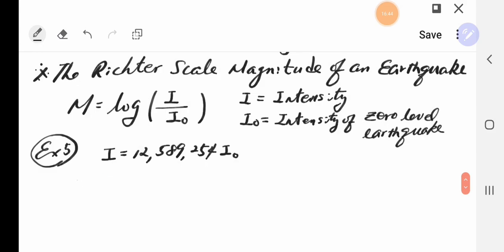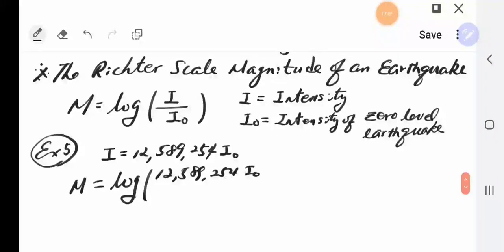So based on the formula, the magnitude is logarithm of I over I0. So I is given, 12,589,254 I0, divided by the zero level intensity. Then we can cancel out this I0.